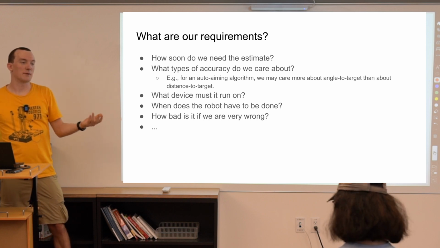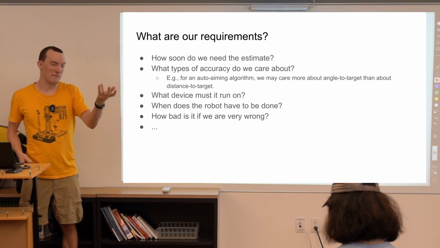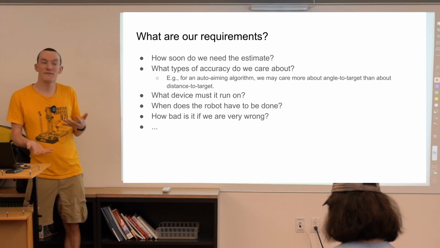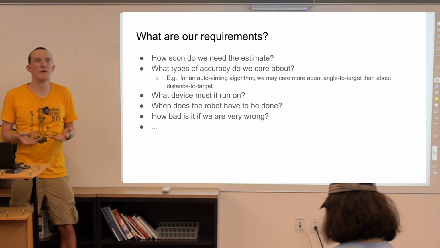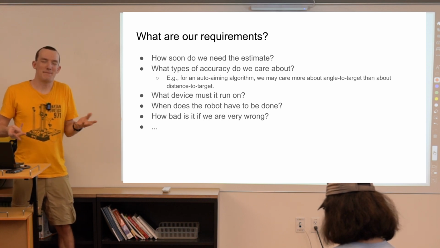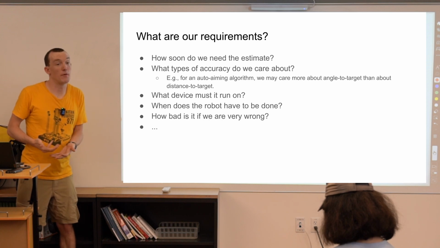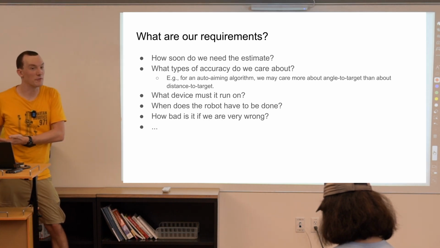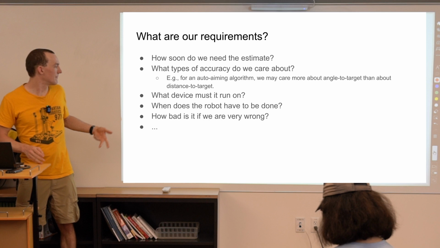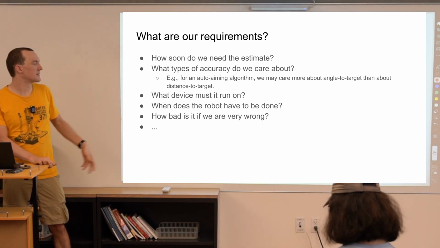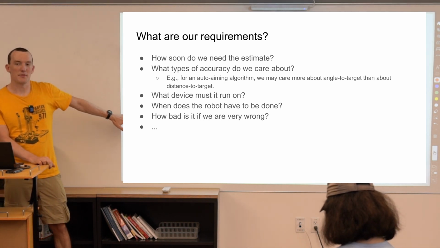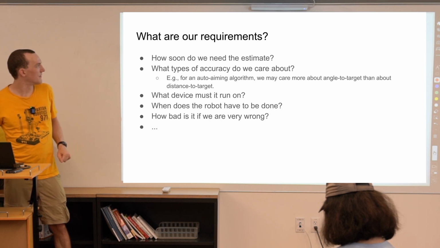In the case of the 2022 game, to my earlier example of red versus blue balls, if you misdetect whether you have a red or blue ball, that can be bad because you miss scoring a few points in the match, but you probably don't permanently break your robot. So understand what your requirements are. I'm sure you can come up with plenty of other potential requirements.